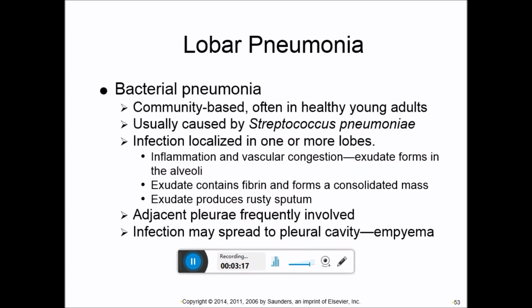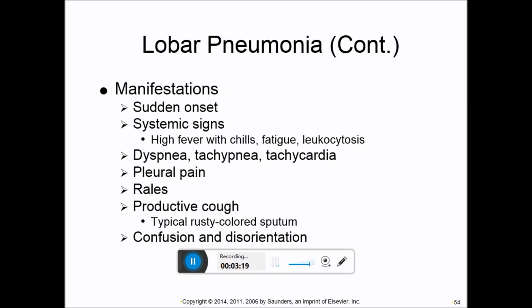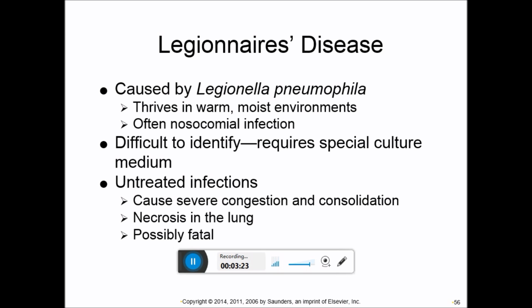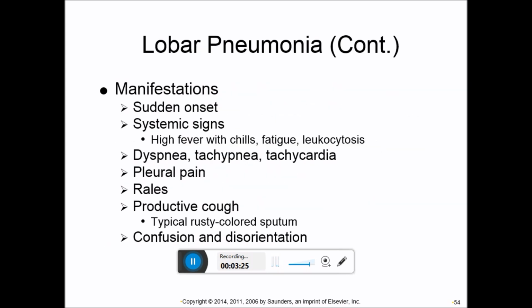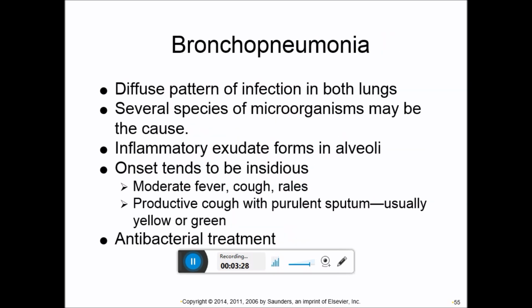So lobar pneumonia versus bronchopneumonia, we talked about those two. And obviously, what's the treatment for those two? Antibiotic. Both of them are bacterial, antibiotic.